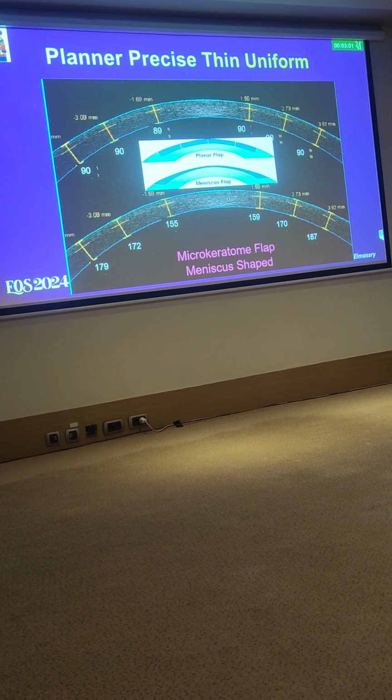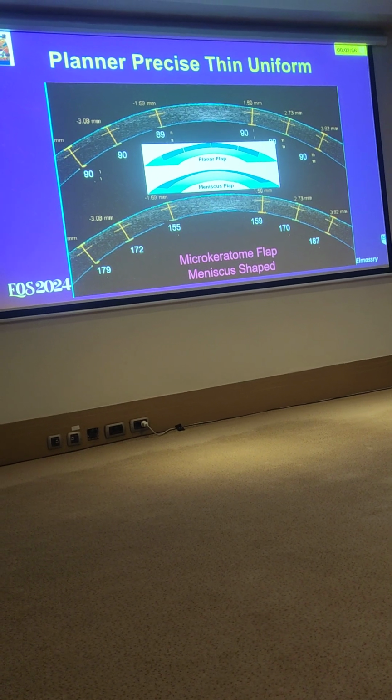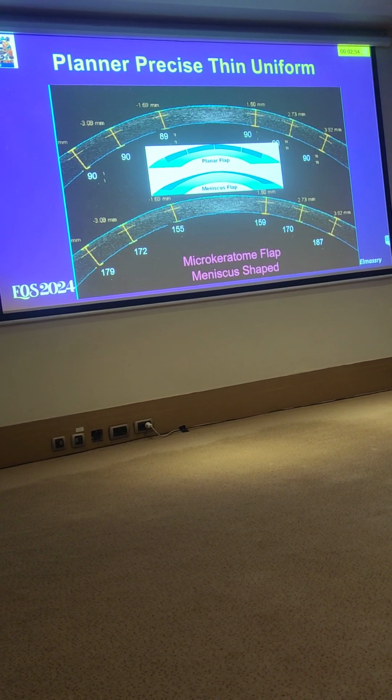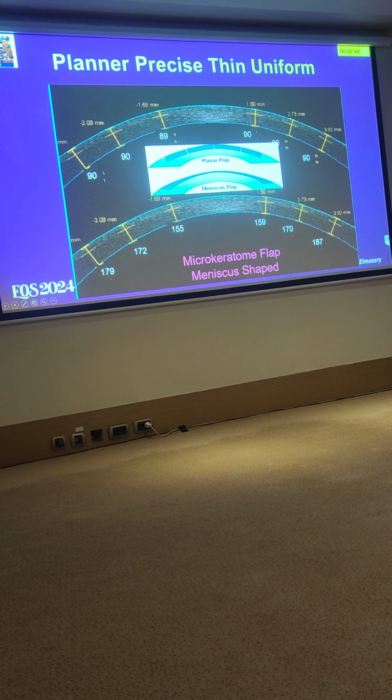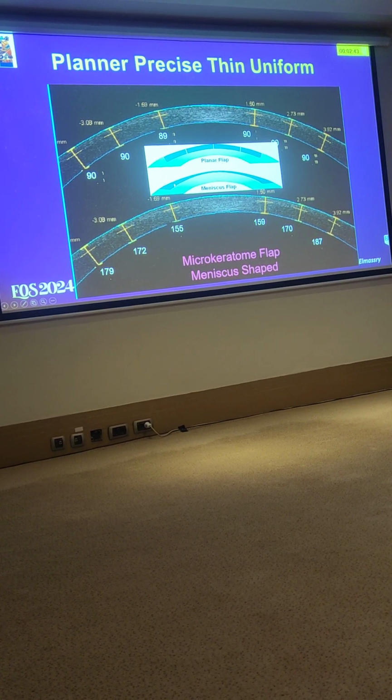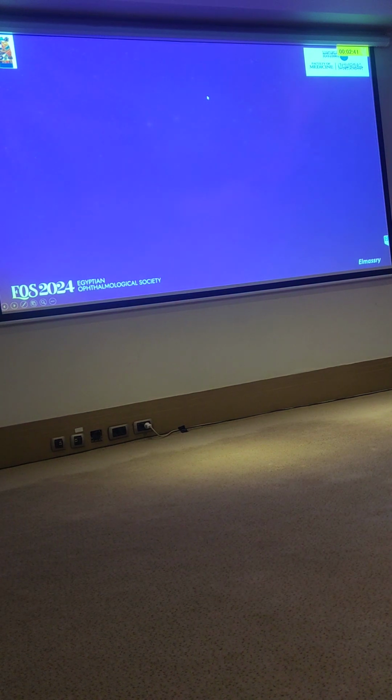But in the femto, put the +3 as it is, not +3.5. So don't increase the power in hyperopia as you are doing for the microkeratome flap, because, as you see here, this is the meniscus flap with deep periphery, but here is the uniplanar flap. And this is the difference, which is very important for hypermetropic LASIK.